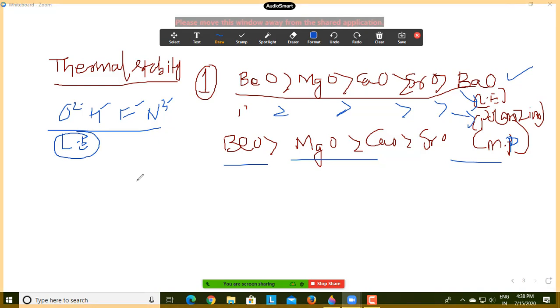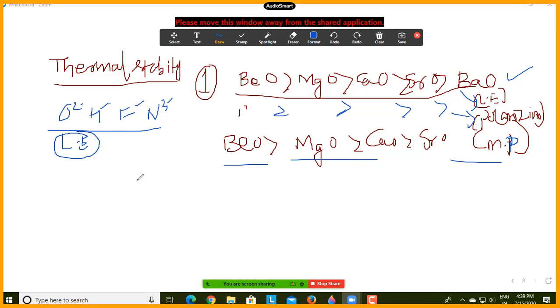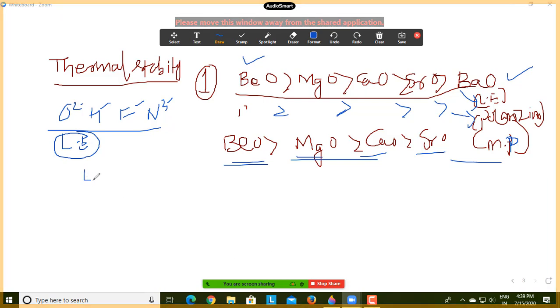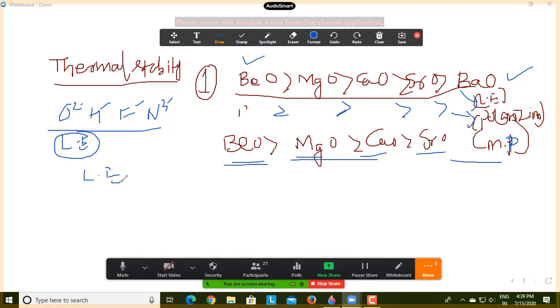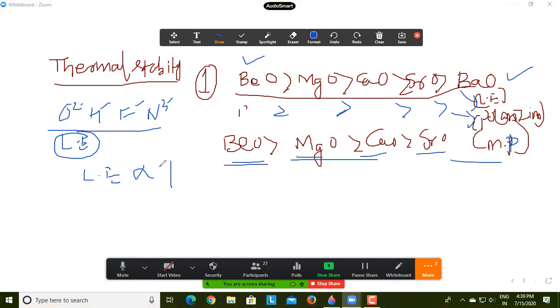Here polarization is not dominating, it is not much effective. So the order of melting point and thermal stability is decided by this. So thermal stability of beryllium oxide is more than magnesium oxide, than calcium oxide, than strontium oxide, because lattice energy is more. So lattice energy is directly proportional to thermal stability. Is that clear?